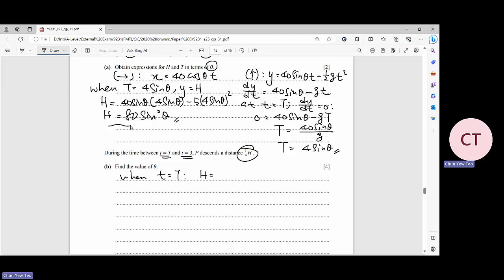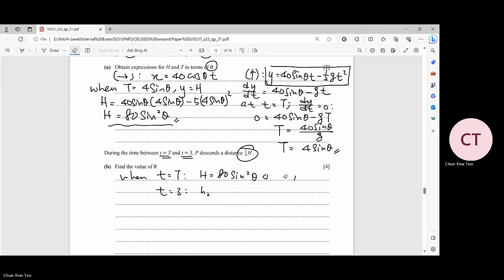This is what we have earlier, just copy down only. Then when t is equal to 3, I need to change this to 3. I call this height number 2. This is height number 1.